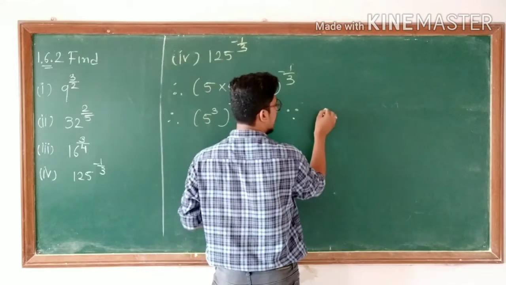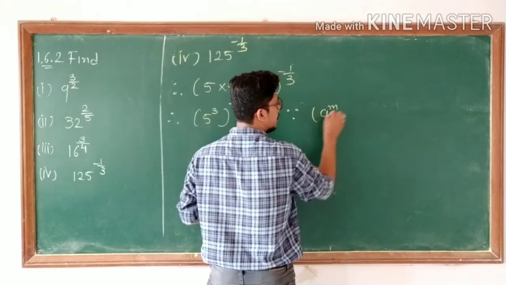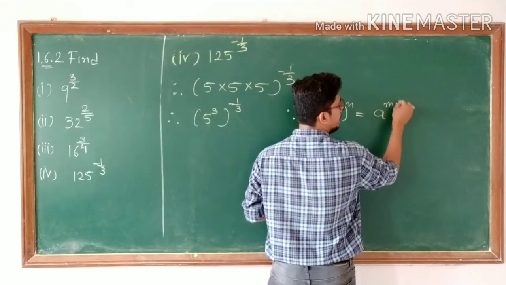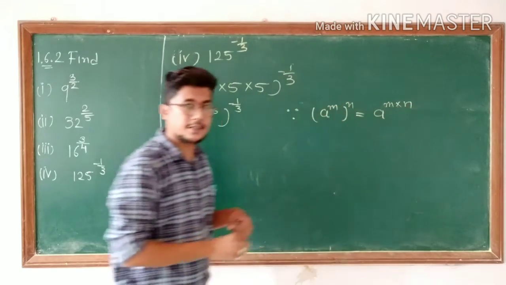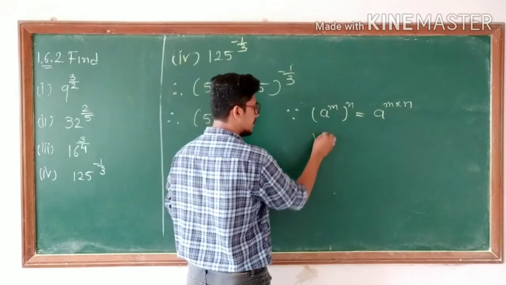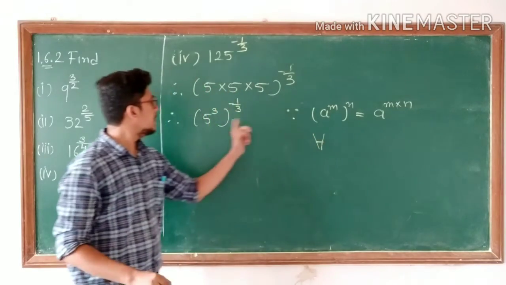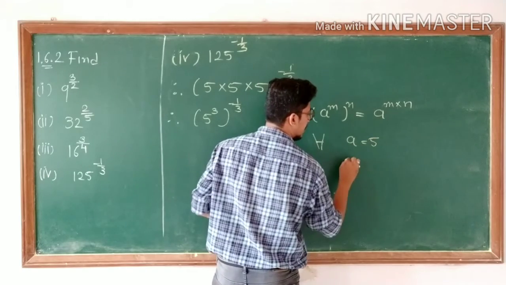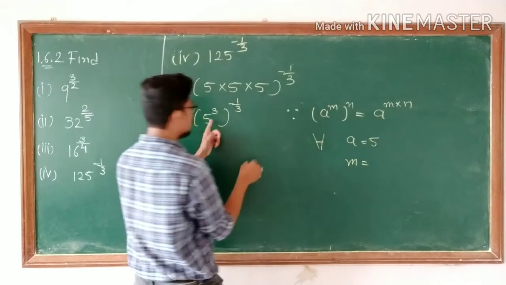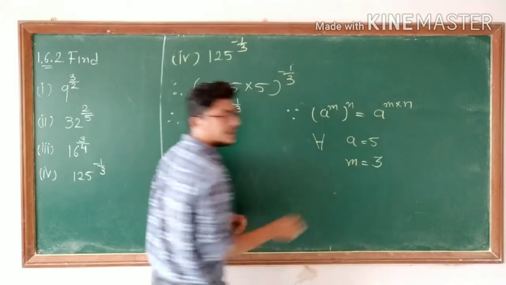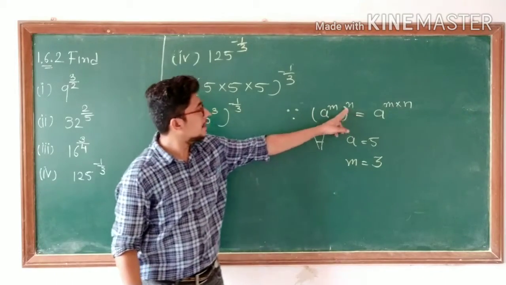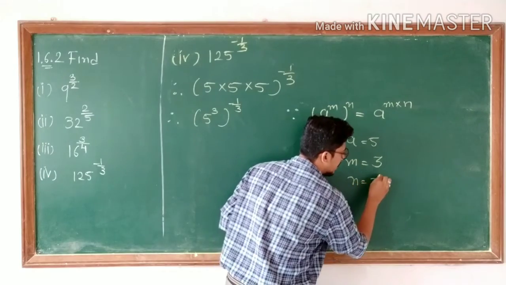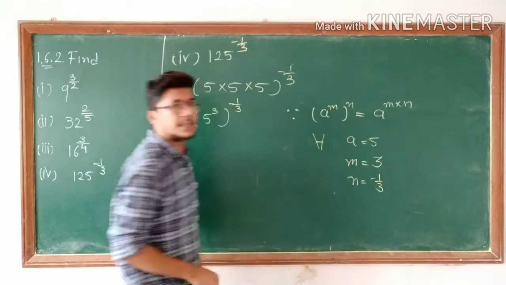Because a power of m to the power of n is equal to a power of m into n. Yes or no? Where a is equal to 5, m is equal to 3, and n is equal to minus 1 upon 3.